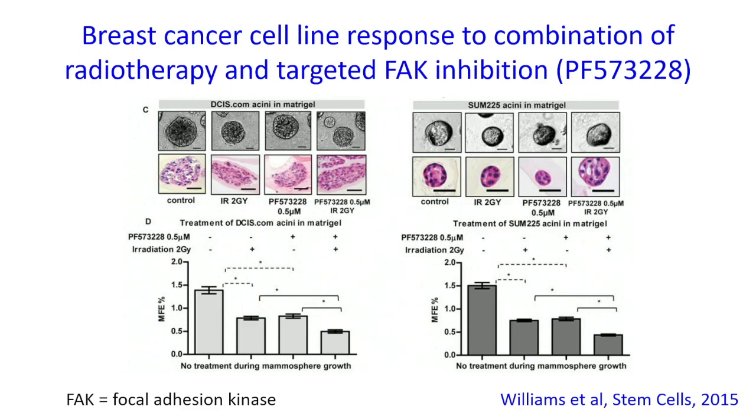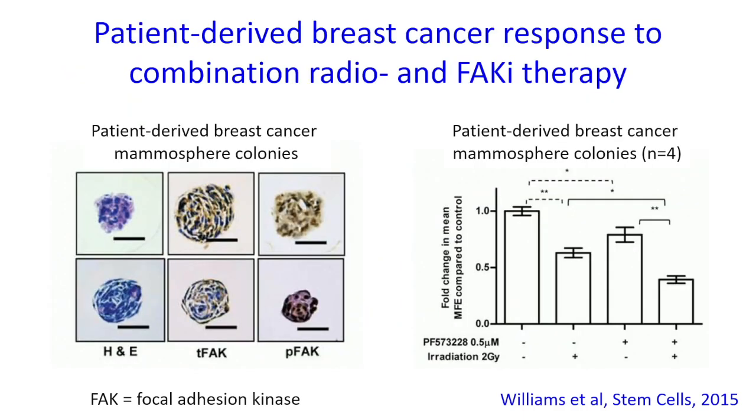So you can test your hypotheses in vitro using cell lines in 3D, but you can also apply this to patient-derived tumors. Here we also looked at these patient-derived breast cancer mammosphere colonies, where the focal adhesion kinase was expressed and activated. So this is phosphorylated focal adhesion kinase.